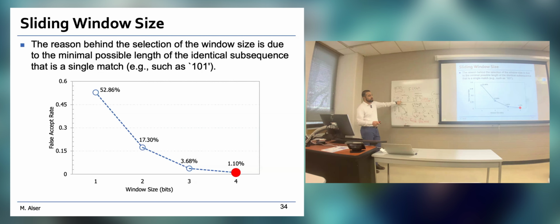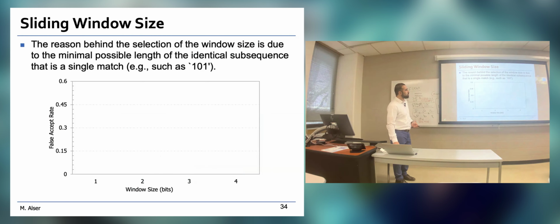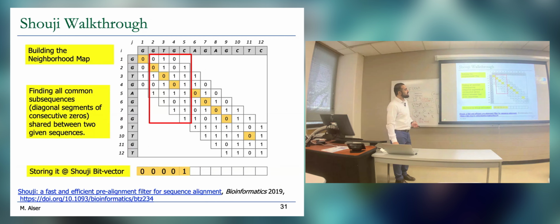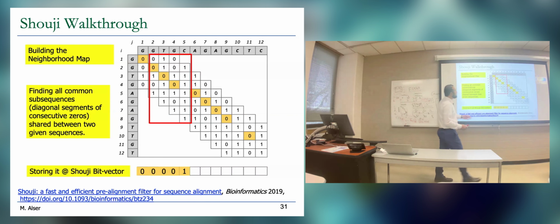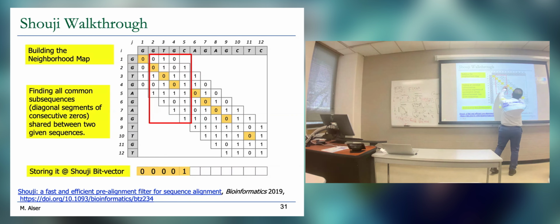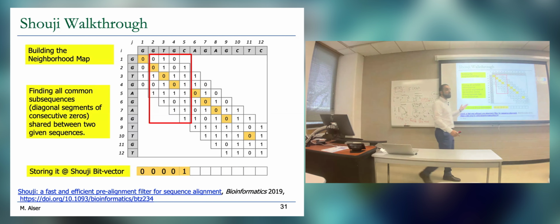But once we move to 4, we notice that this is the right number. Now, what if we go to 5? What if we go to 6, 7, 8? We start to see a false negative over there. Why is that? Because in some cases, I don't have the example, but you will see it in the paper, when we go with 5, especially if there are 5 zeros over here and we choose them, then we are going to overlap with the existing ones.